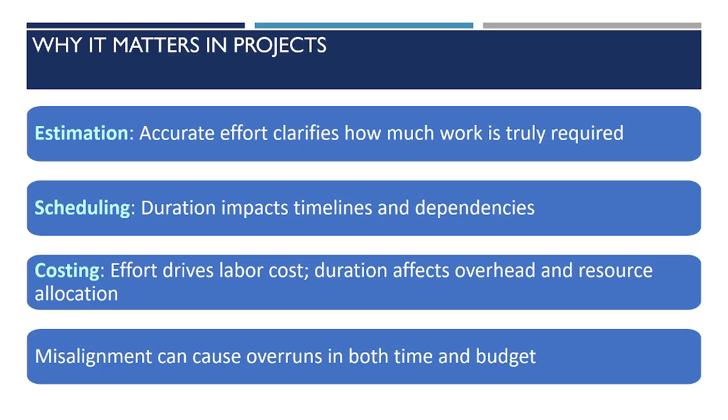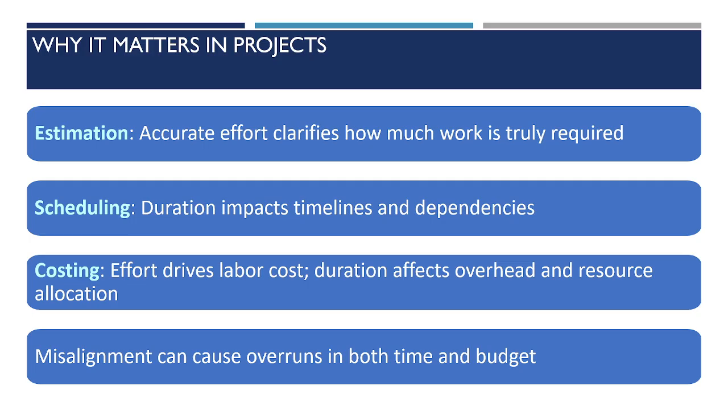And so why it matters, I talked about estimation. We need to accurately clarify how much work is truly required. And then the scheduling is the timelines and dependencies as a result of the duration and the effort, right? And the resources working on it. So it helps you manage your expectations of when am I going to finish the work? Is it the week or is it the 2 weeks?